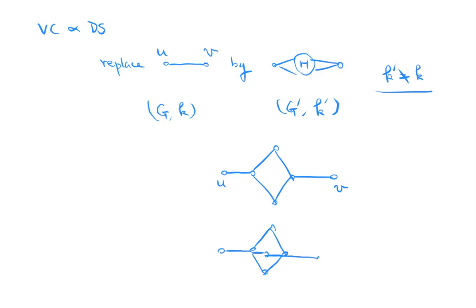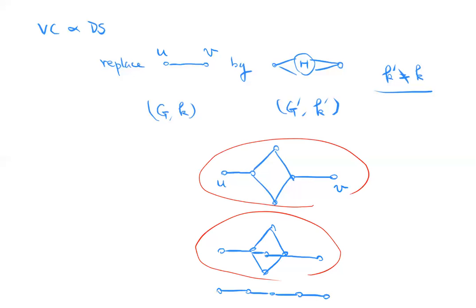This one also works, or even this structure, an easier structure, will also work. But in terms of proof, maybe it's easier to use this one. The last one, a path of length 4, is the simplest one, I think. But in terms of the argument, maybe this one is a little bit easier. Now, why does this one work? Let me explain. K prime will be set to the number of edges in the original graph plus K.